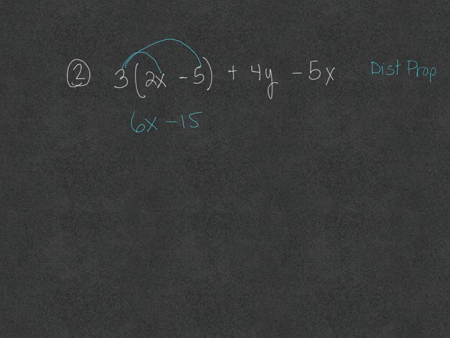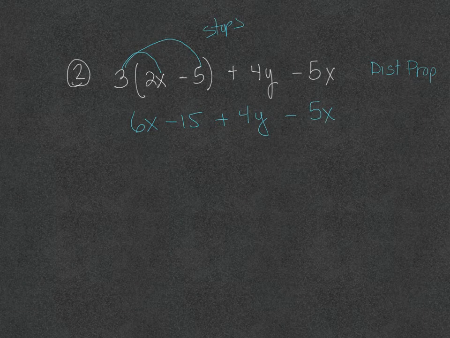The distributive property stops right there because that's the end of that quantity. The parenthesis signals that that is the end of the distributive property. So I am just going to simply write down the rest of the terms, the positive 4y and the negative 5x.